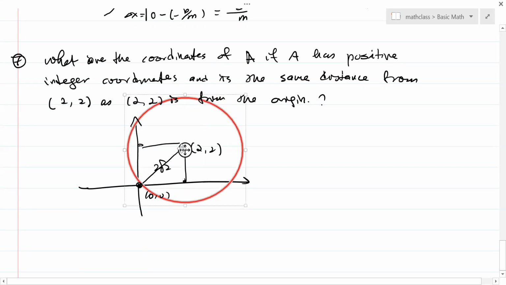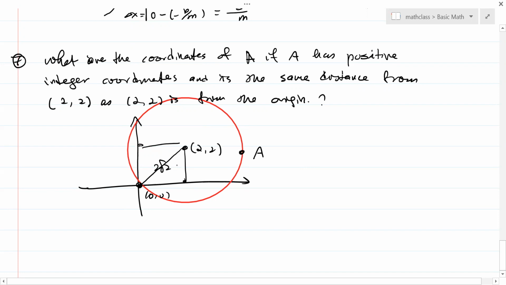Okay, that's much better. So this is a circle. All the points on this circle have the same distance from the origin, equal to 2 square root 2.